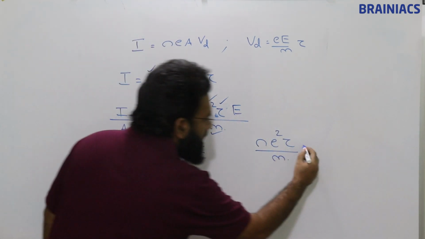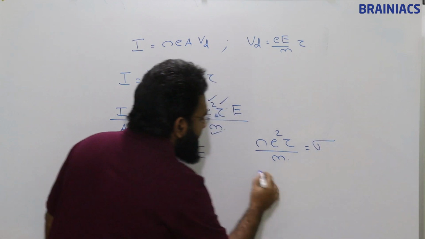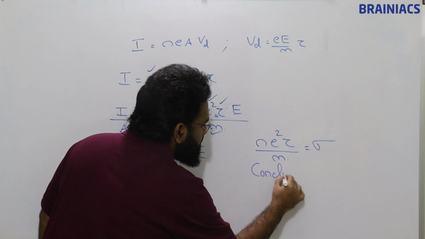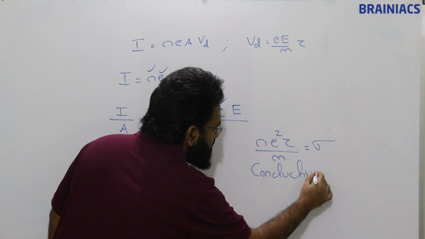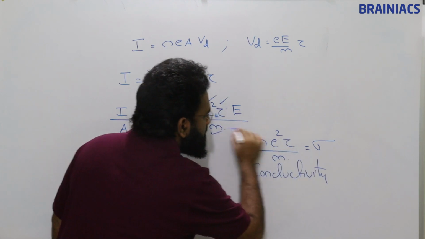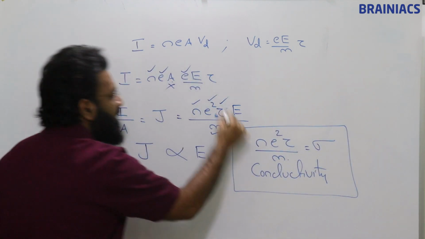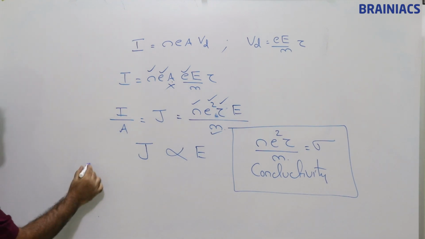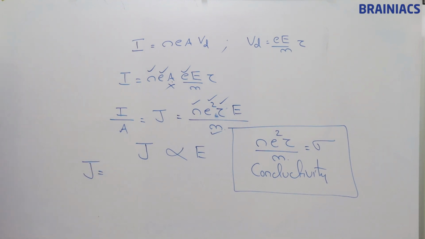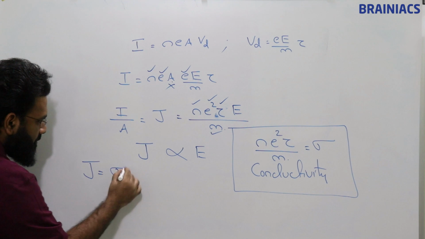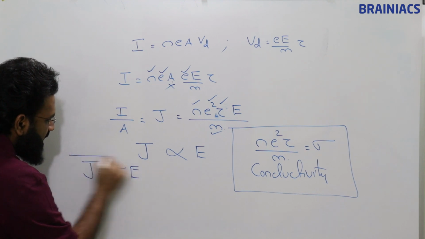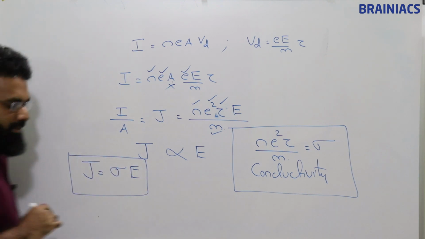This is what is called conductivity. So I can write J is equal to sigma E, where sigma is the conductivity.